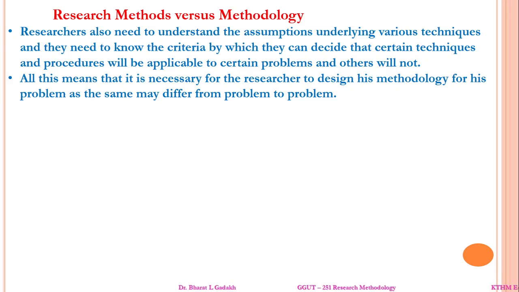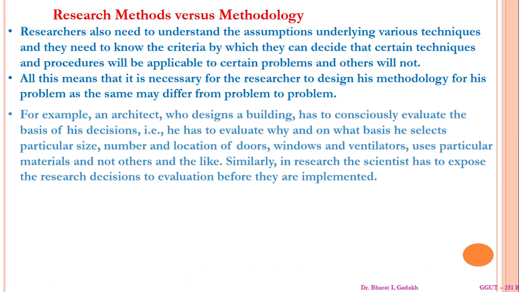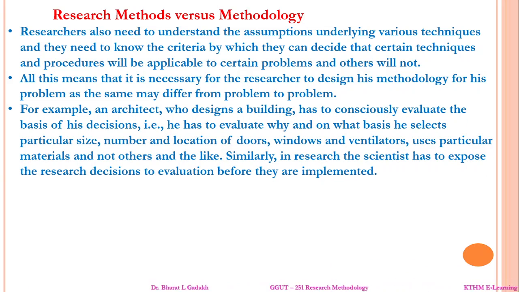All this means that it is necessary for the researcher to design his methodology for his problem, as the same may differ from problem to problem. For example, a researcher designing a building has to consciously evaluate the basis of the decisions he makes: why and on what basis he selected a particular size, number and location of doors, windows and ventilators, used a particular material, and the like.